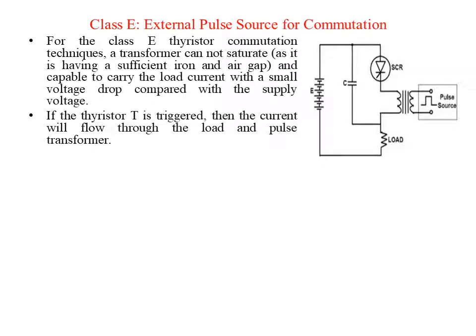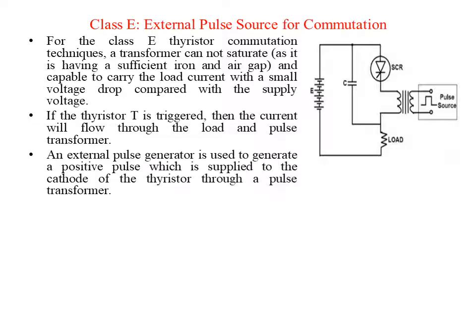If thyristor T is triggered, then current will flow through the load and pulse transformer. So when the SCR is turned on by applying a positive gate pulse, the current will flow through the load and the transformer, that is the pulse transformer.